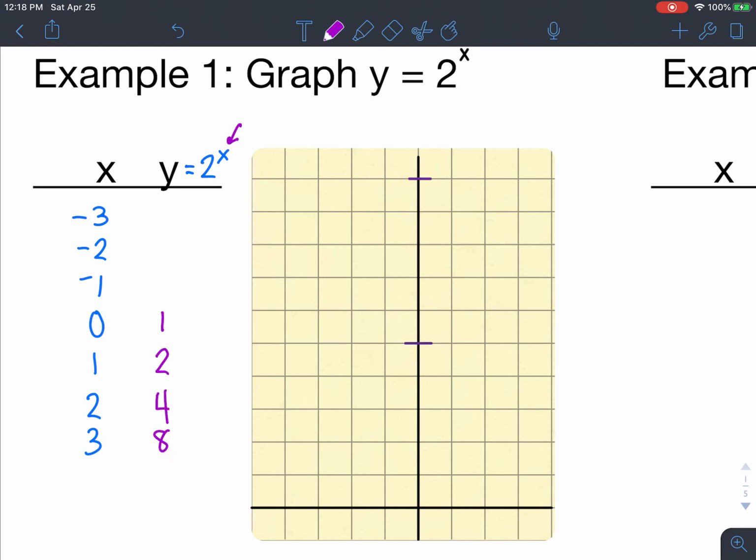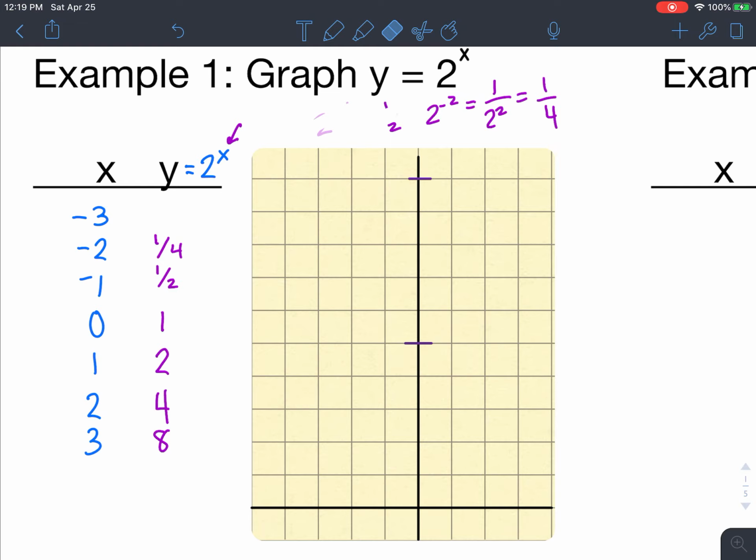Now, when you use a negative exponent, like -1, that's 2 to the -1. Hopefully you remember that negative exponents turn numbers into fractions. So 2 to the -1 equals 1/2. So what does 2 to the -2 equal? Well, that's 1 over 2 to the 2. And that's 1 over 4.